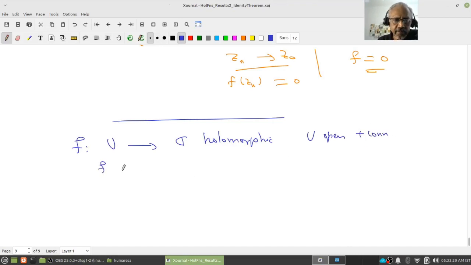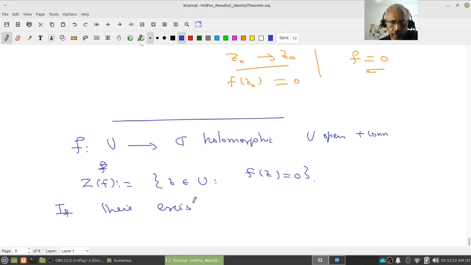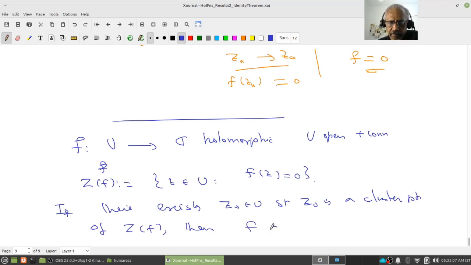Let's look at the zero set of f, the set of all points z in U so that f(z) equals 0. Then if there exists z_0 in U so that z_0 is a cluster point of Z(f), then f is 0 on U. This is the standard version.